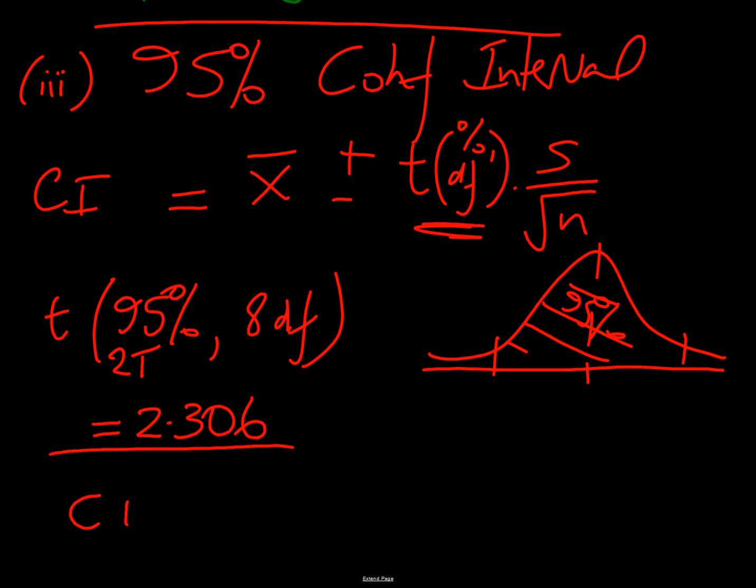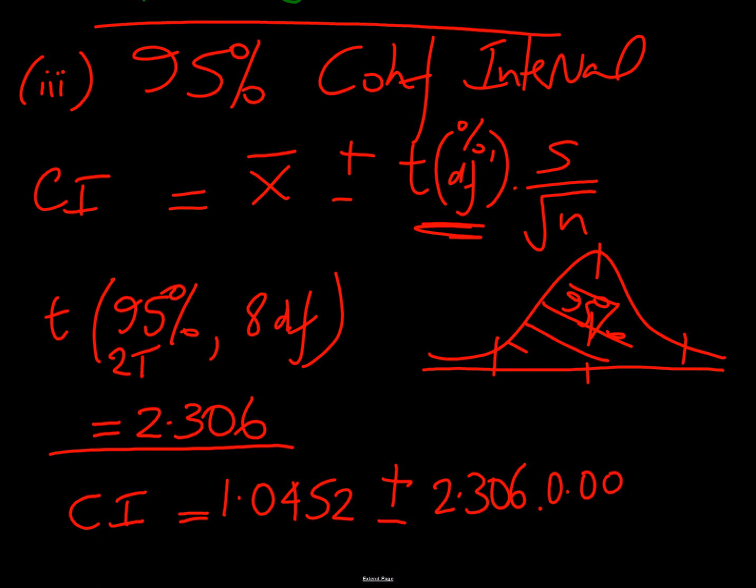And now we can create our confidence interval because we've got our sample mean 1.0452 plus or minus 2.306 times the standard deviation for a mean, which is our standard error, 0.007155 over root 9.